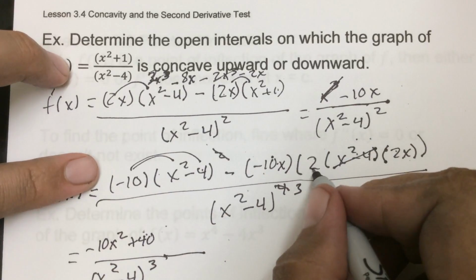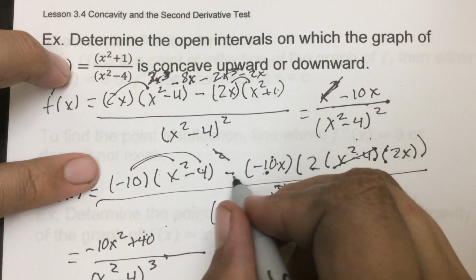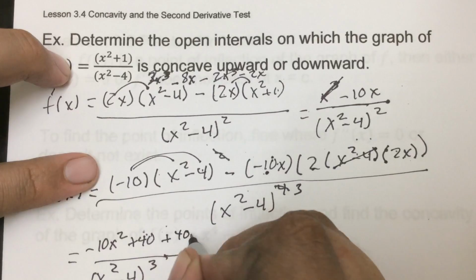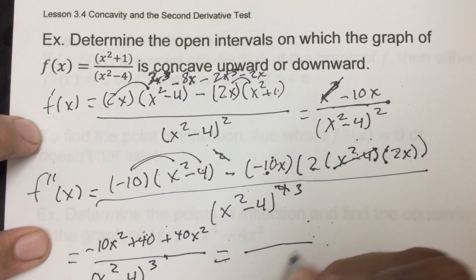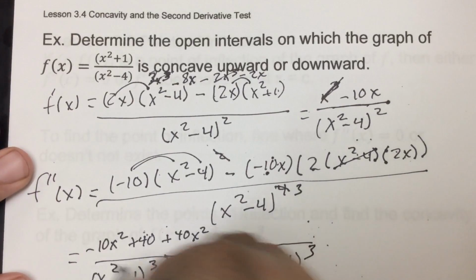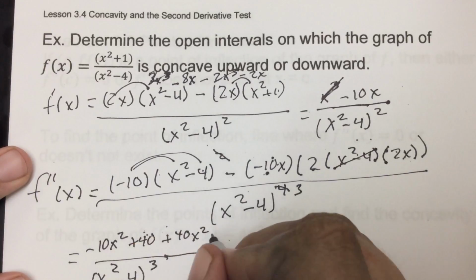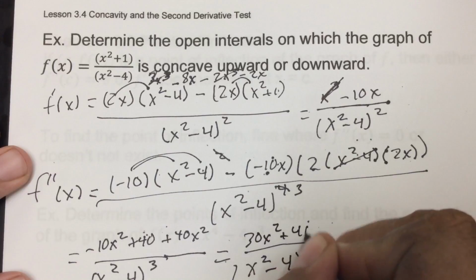Here, 2x and 2 would be 4x. 4 times 10 would be negative 40, x and x squared makes it plus 40x squared, which would end up being x squared minus 4 to the third. On top here, negative 10x and 40x would be 30x squared plus 40.